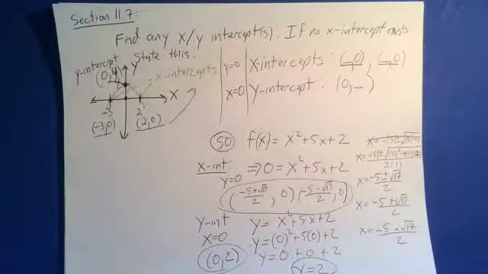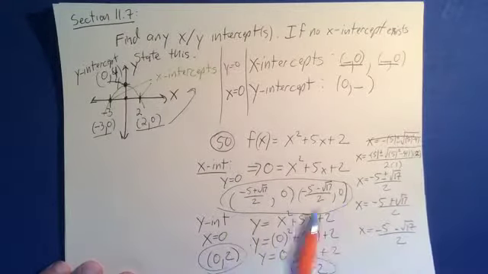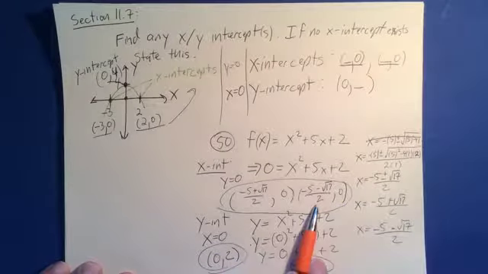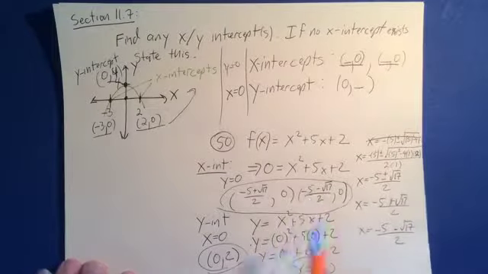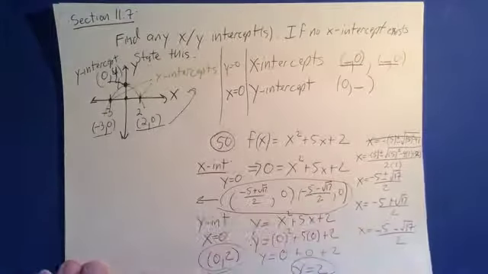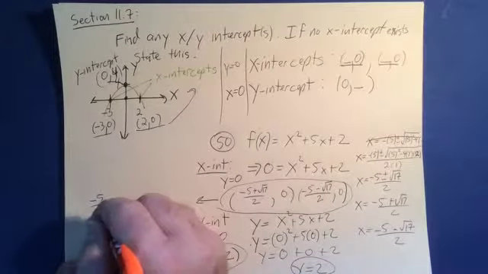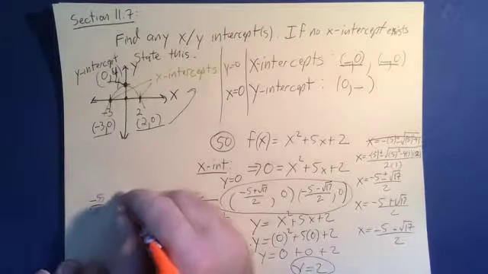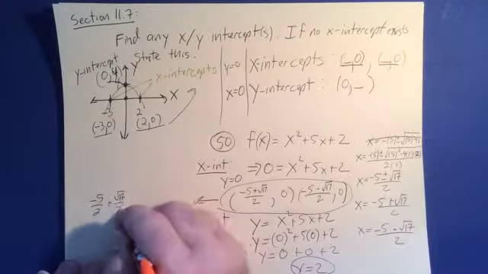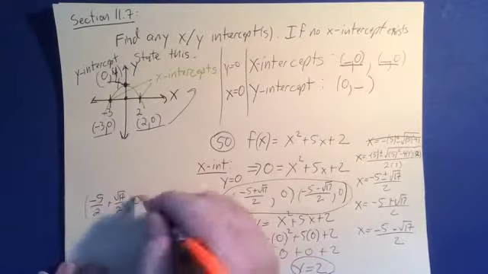I should make one note of this, and I'll take the opportunity to do it on this page, is that in MyMathLab, I would accept these as answers on a test when you're identifying the x-intercepts. However, on MyMathLab, they may want you to break these up. So we're just going to look at another way of writing these. They may want it as negative 5 over 2 plus radical 17 over 2, comma, 0.